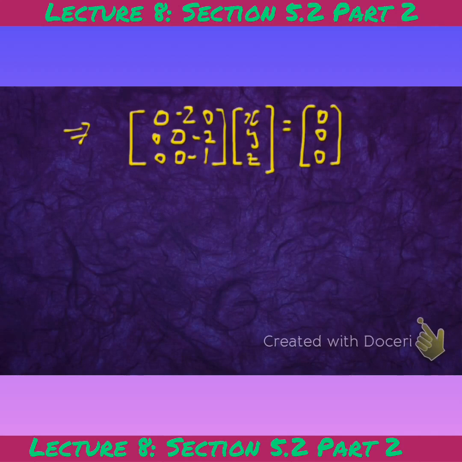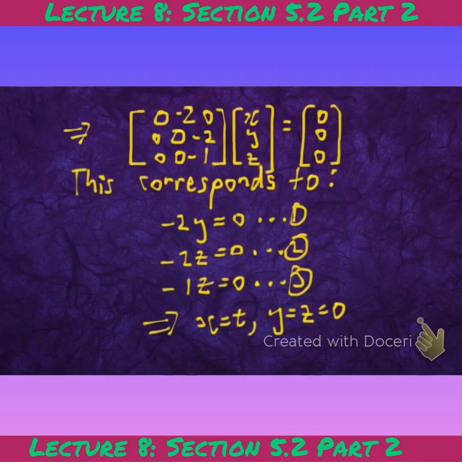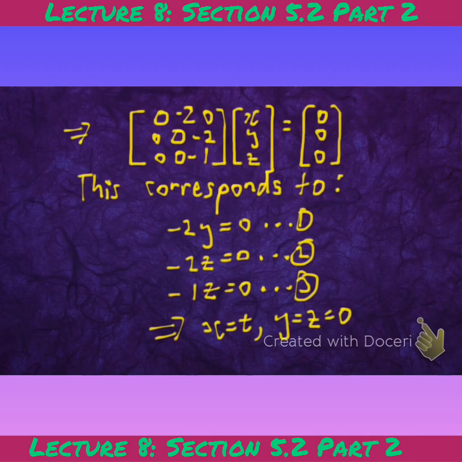Right, so that linear system then corresponds to the following linear system. That's the case where minus 2y is equal to 0, minus 2z is equal to 0, and minus 1z is equal to 0. So therefore x is your free variable, and y and z are both equal to 0, where t is a real number.